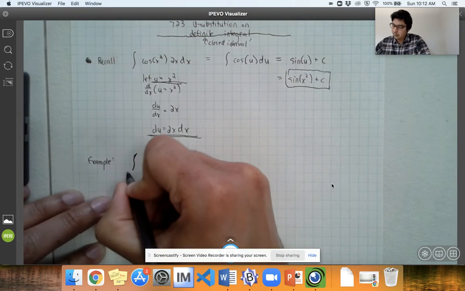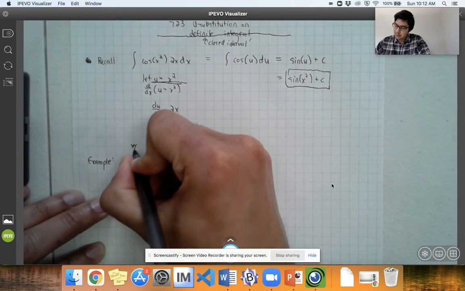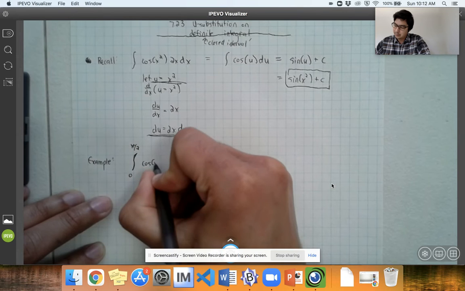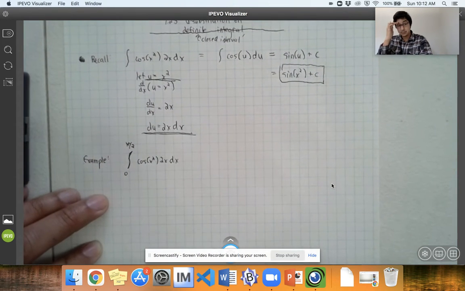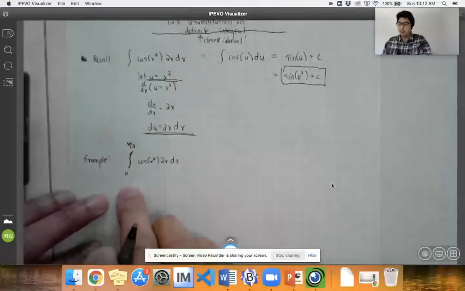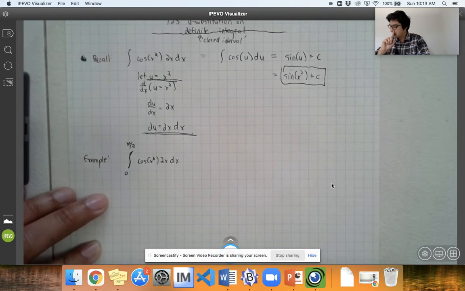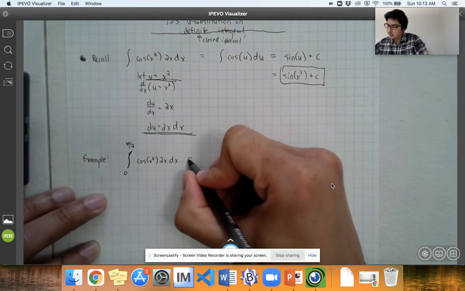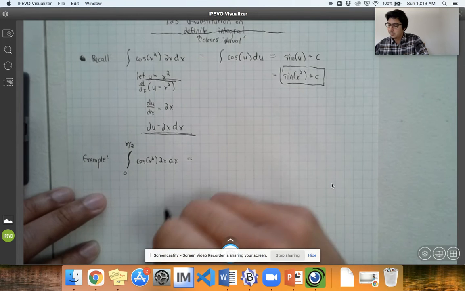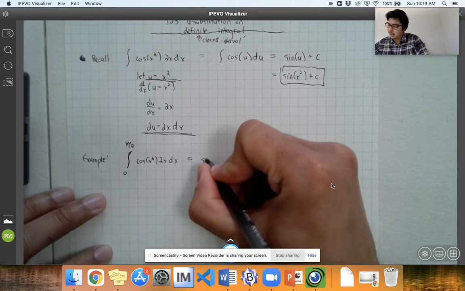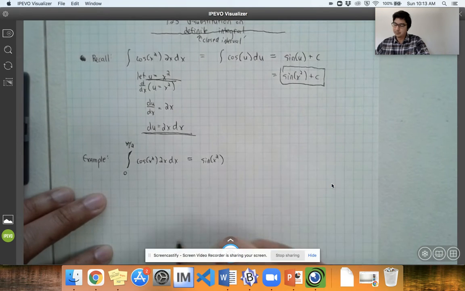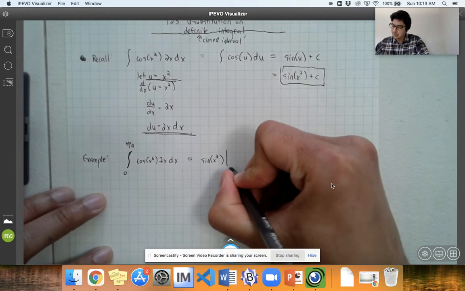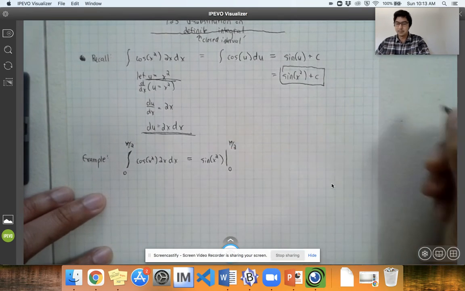So what if we were going from 0 to pi halves of cosine of x squared times 2x dx? If we applied the same u-substitution, we already know this is going to equal sine of x squared as the antiderivative from above, and then we'd evaluate it from 0 to pi halves.